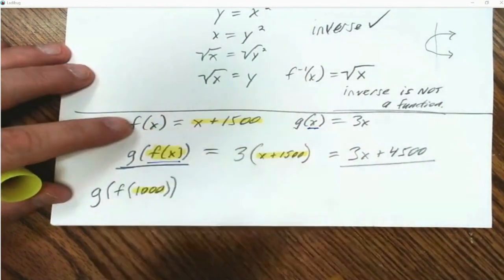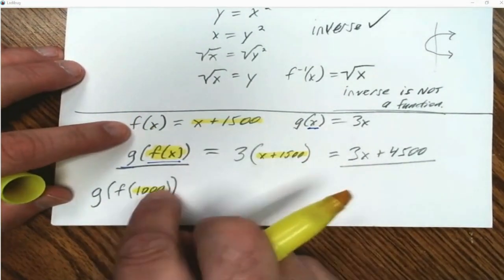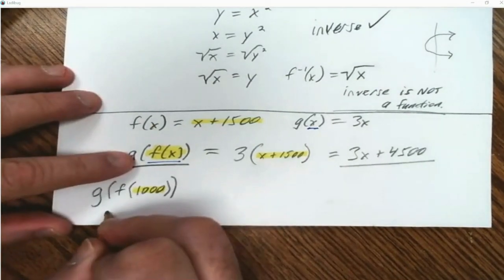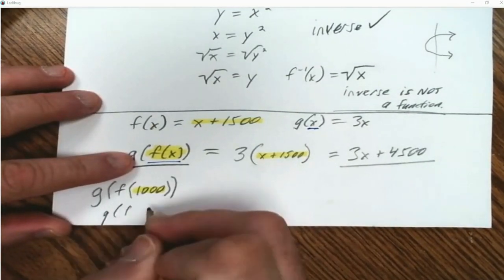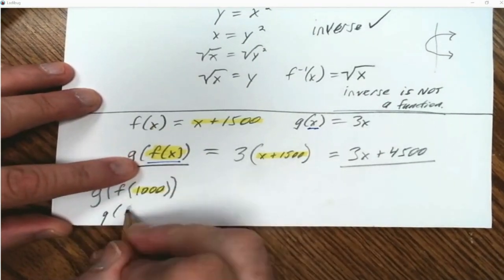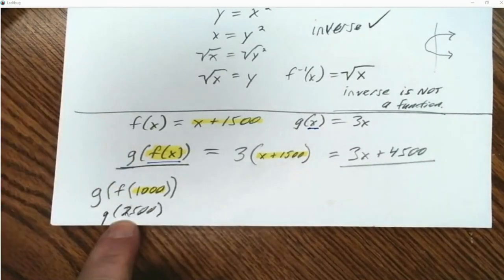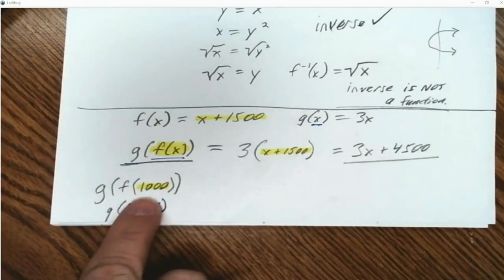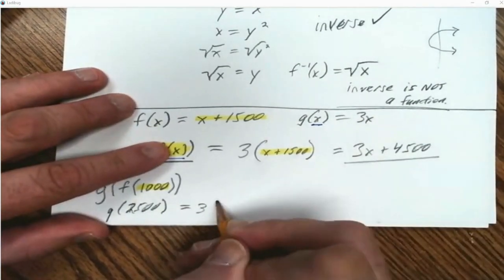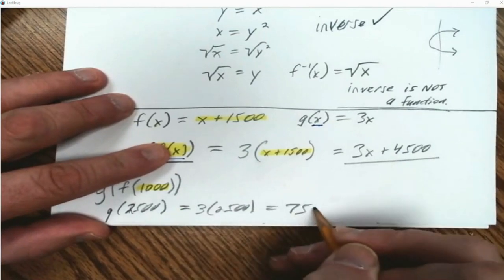Substitute 1,000 into the f of x. x plus 1,500, 1,000 plus 1,500, that's 2,500. So f of 1,000 we know is 2,500. We can say just g of 2,500 because that's what f of 1,000 equals. So that would be 3 times 2,500 or 7,500.